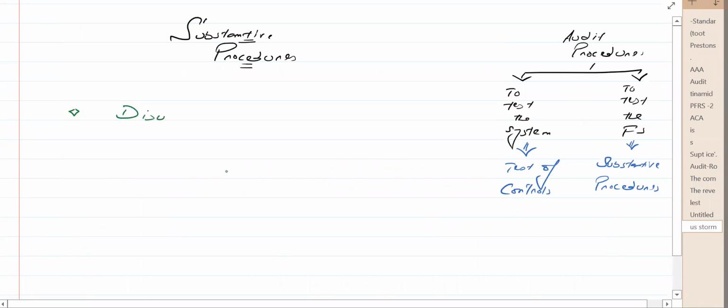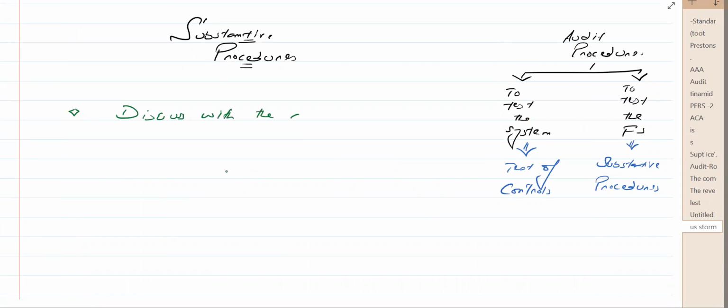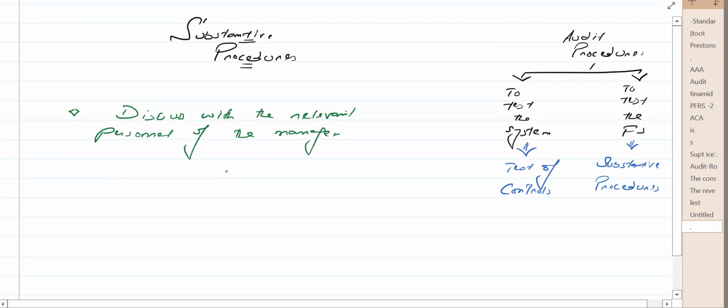Discuss with the relevant personnel of the management, or discuss with the relevant personnel.